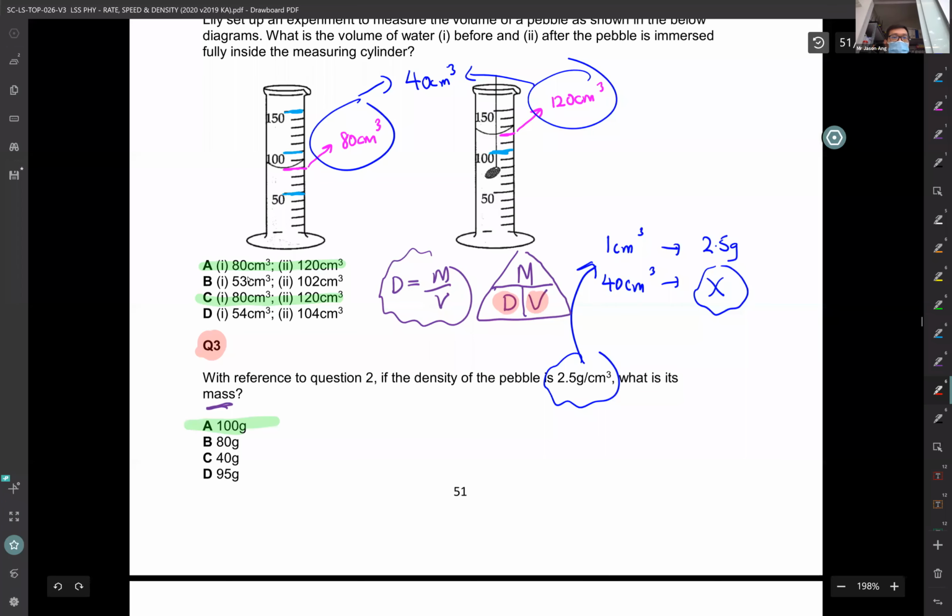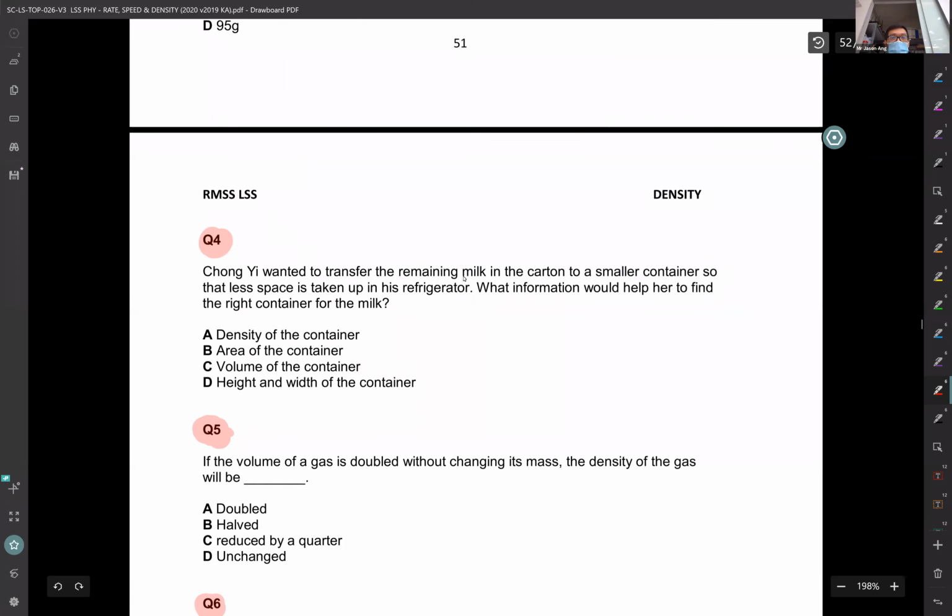Number 4, Kyung-Yi wanted to transfer the remaining milk in the carton into a smaller container so that less space is taken up in the fridge. What information will help her find out the right container? I don't quite understand what you really want, but let me interpret this again.